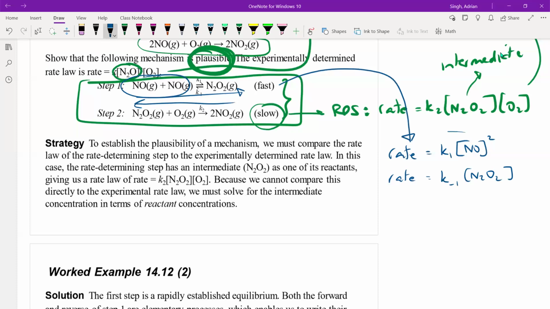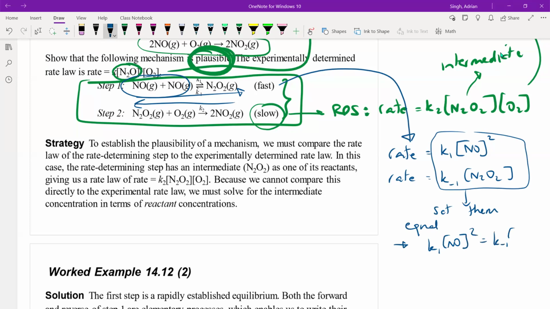All right, we can set these two rate expressions equal to each other. So we end up with K1 NO squared is equal to K-1 N2O2.